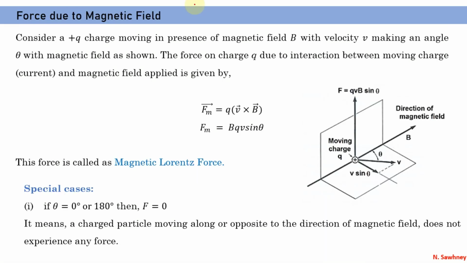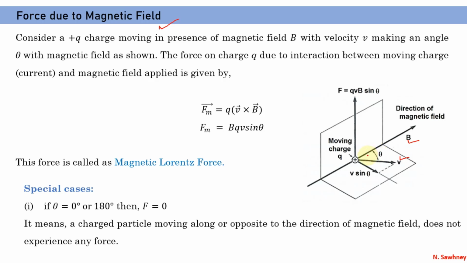Now let us discuss the magnitude of the force experienced by this charge, that is force due to magnetic field. For this, let us consider a positive charge Q, moving in presence of the magnetic field B with a velocity V, making an angle theta with the magnetic field as shown.